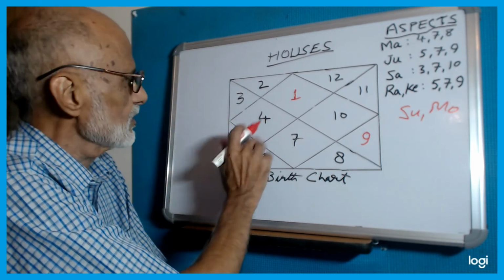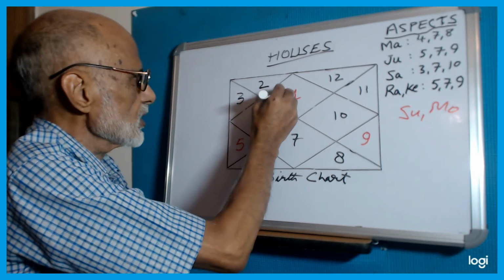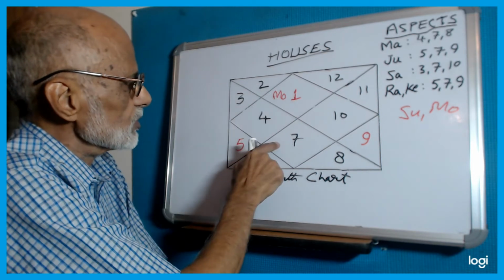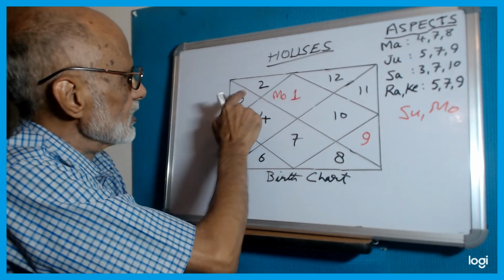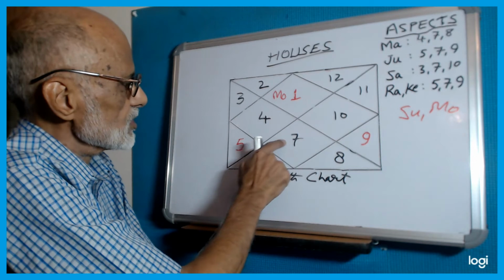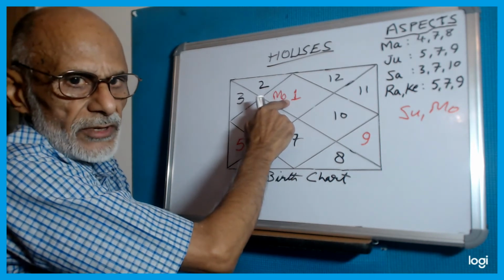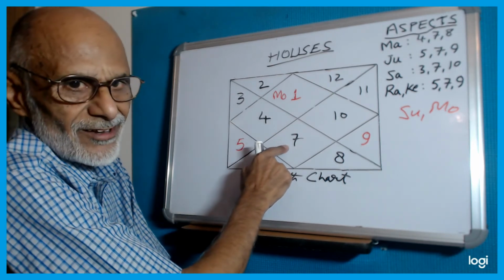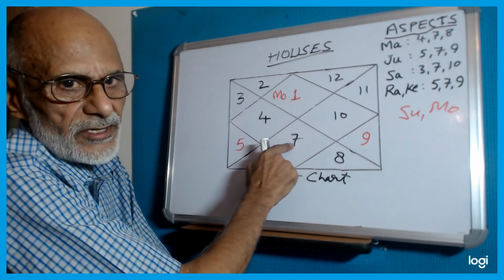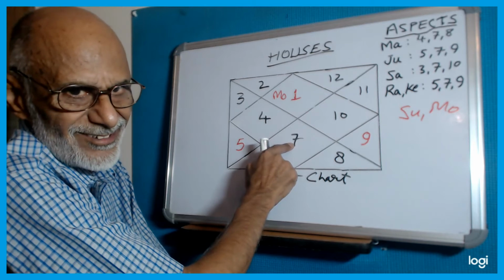Now suppose the moon is placed here, then the 7th house is this: 1st, 2nd, 3rd, 4th, 5th, 6th and 7th. You start counting from the same house where the planet is sitting. So this is the 7th, exactly 180 degrees opposite to it, right?